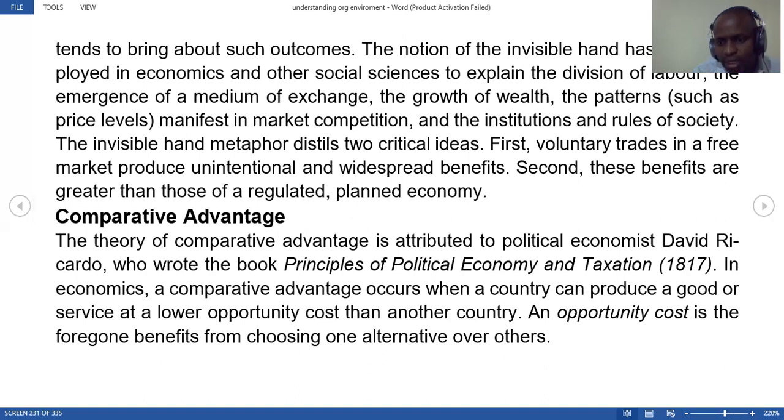Therefore, many organizations may tend to buy from Tanzania, unlike Kenya. Therefore, we are saying the country has a comparative advantage over the other.